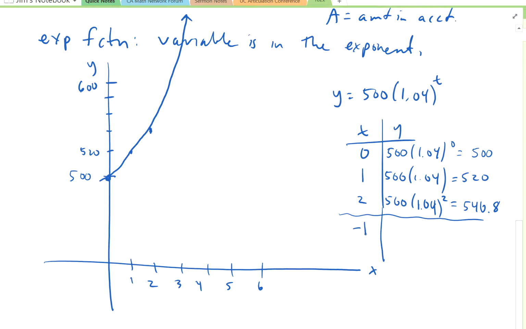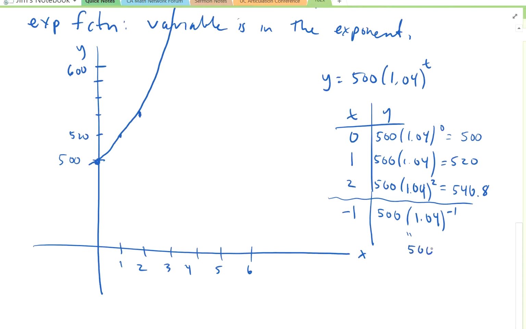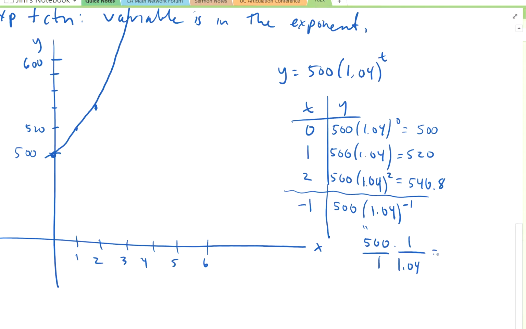Now, what if, okay, this doesn't mirror real life, but what if I had a negative 1 in there? What would the graph look like? It'd be 500 according to the formula, 1.04 to the negative 1. Well, as you remember from exponents, that's 500 times 1 over 1.04, which is 500 divided by 1.04, which is 480.8.